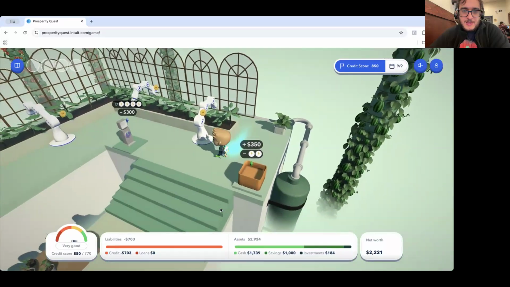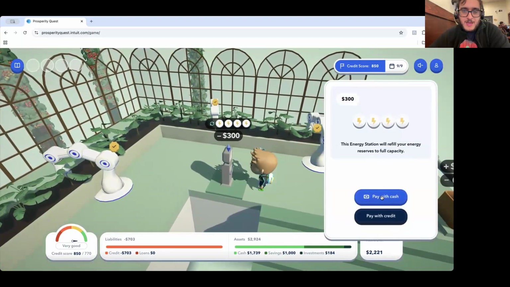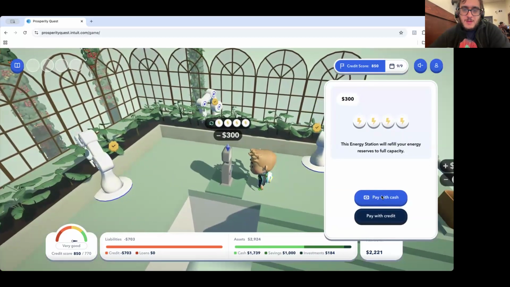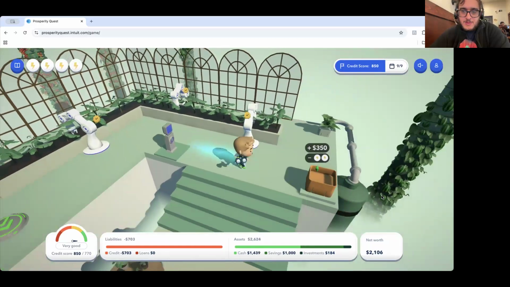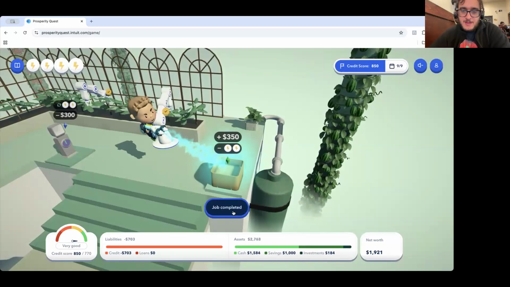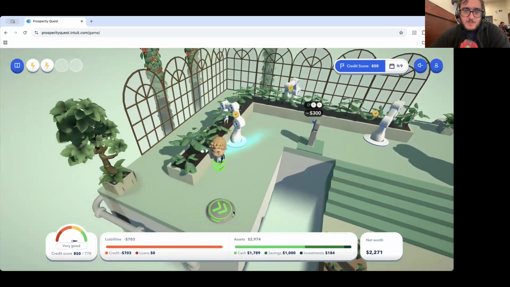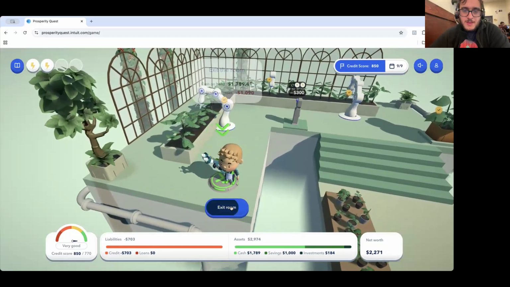Great. We're at 2,900. Now I can do this again. Pay with cash, so it's 300, but I'll do this job, which is 350. So I'll get $50 net. Okay. Exit room.